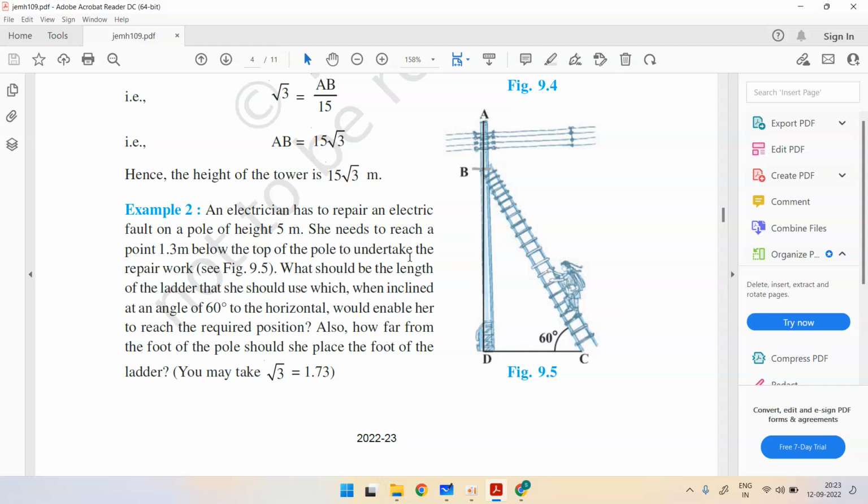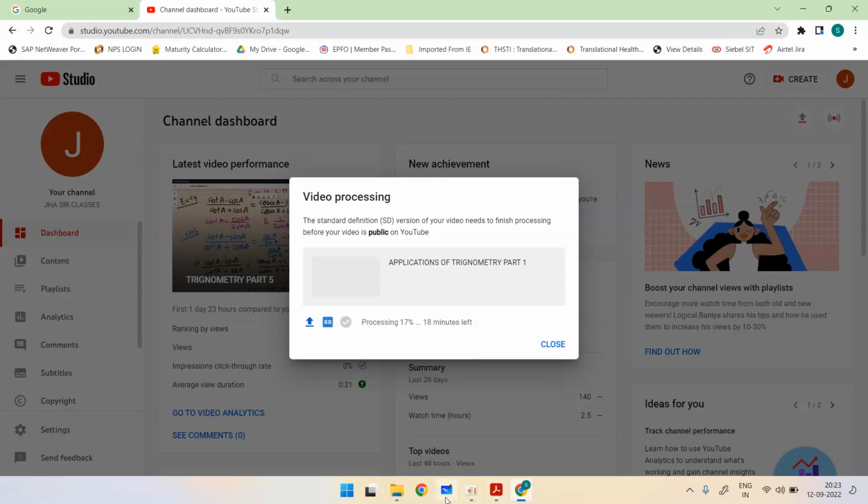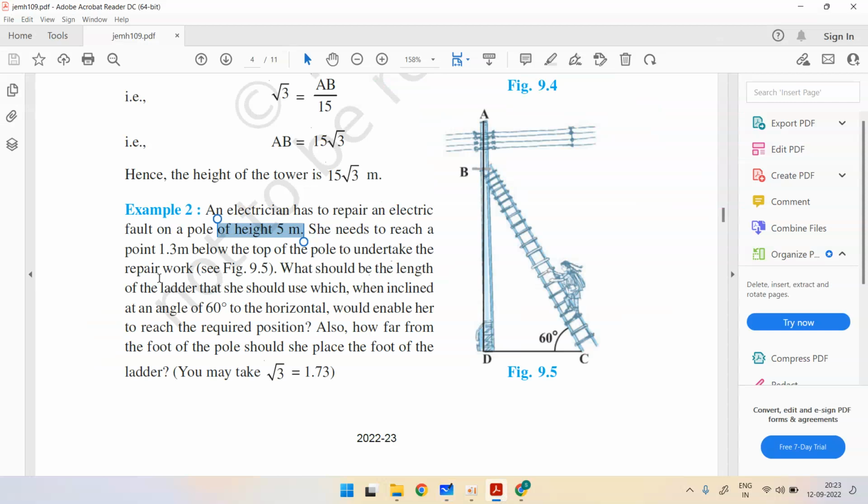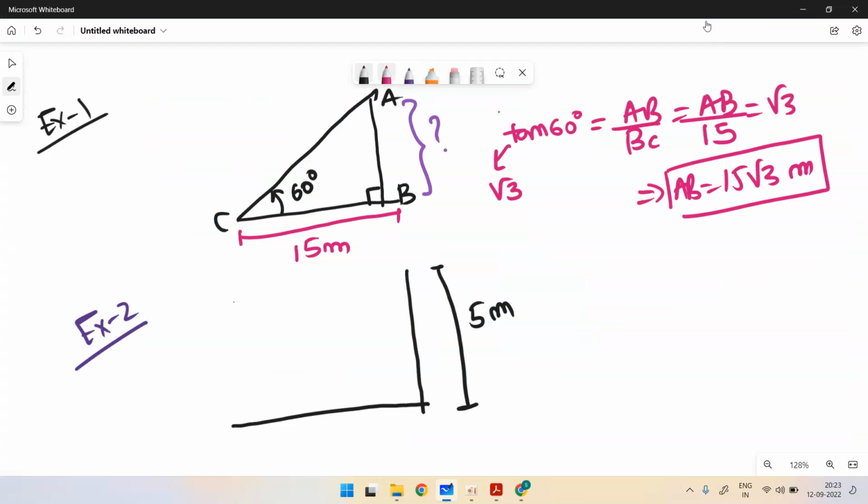So it is given that the height of the pole is 5 meters. She needs to reach a point 1.3 meters below the top.